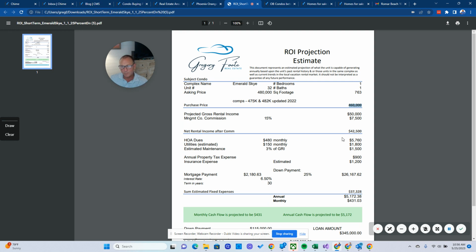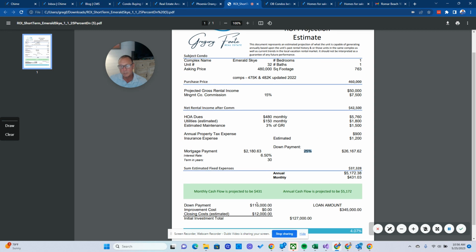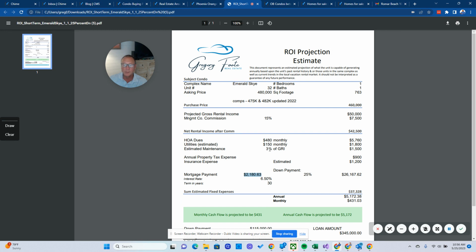So this is a spreadsheet, and all these figures are tied to each other. If we modify this, it's going to change this mortgage payment. If we modify this interest rate, it's going to also change the mortgage payment. If we change the down payment percentage, it's going to change this figure as well as this figure. So it's all tied together.